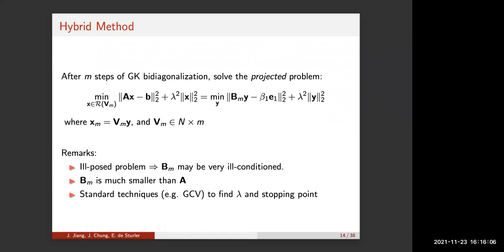We don't have to use an iterative method to solve it. And after we solve this problem, we get the projected solution Y, and then we map the solution back to get the solution at the M iteration. So this XM is a solution of the original problem.